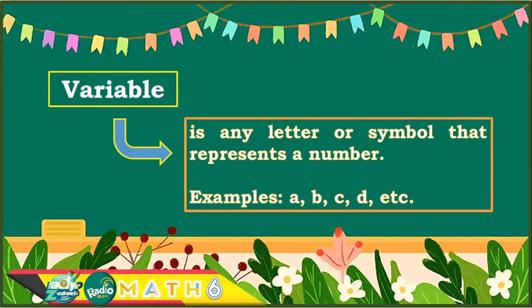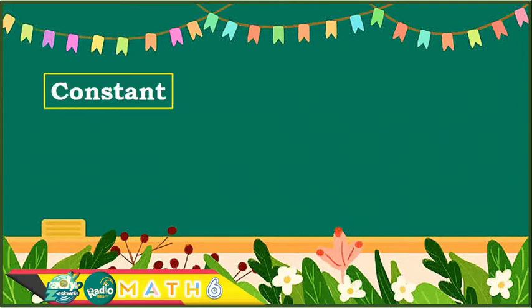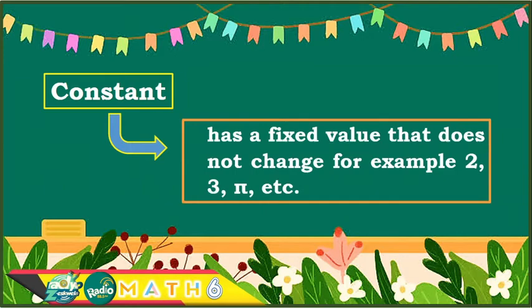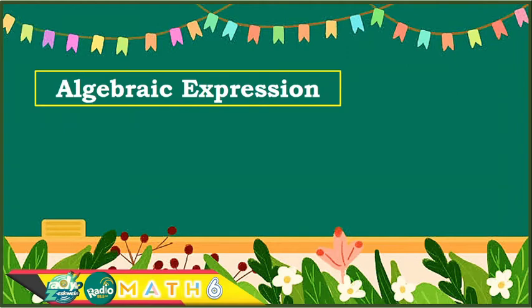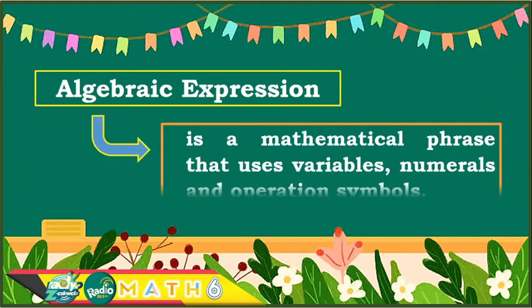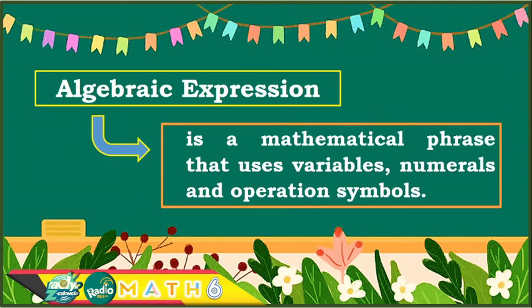Examples: a, b, c, d, and etc. While a constant has a fixed value that does not change, for example, 2, 3, pi, and etc. An algebraic expression is a mathematical phrase that uses variables, numerals, and operation symbols.